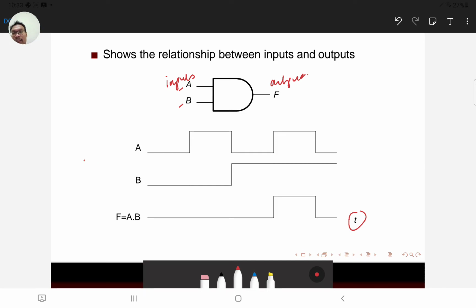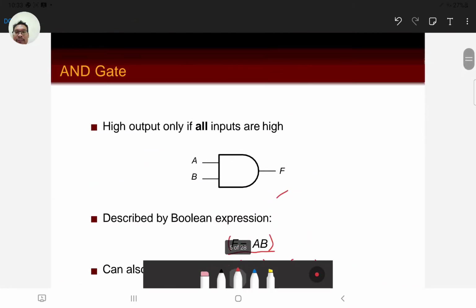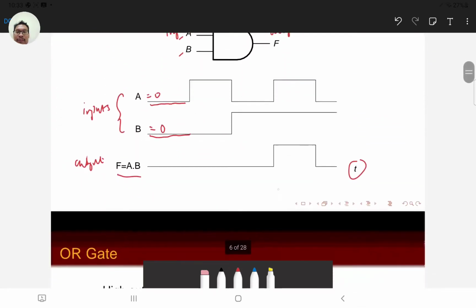So here are your inputs A and B, and here is your output, which is F equals A dot B. During this particular time, we see that A equals 0, and B equals 0, and we know that for an AND gate, the output is high only if all inputs are high, else it will be 0.